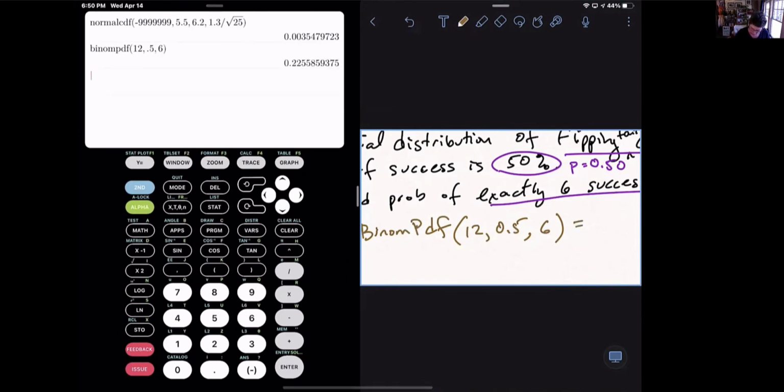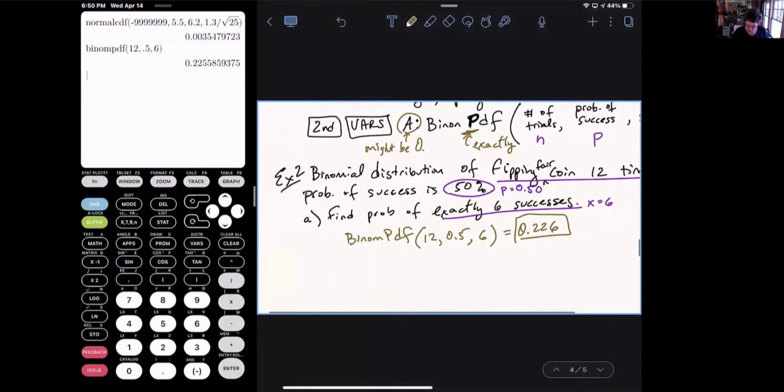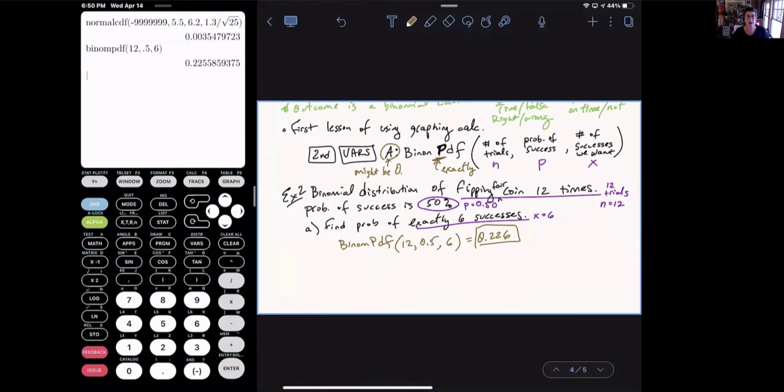So that is 0.226. Okay, so if I flip a coin 12 times, the probability of getting exactly 6 heads. And notice I didn't tell you which one was a success. My bad, I meant to say heads. Sorry about that.